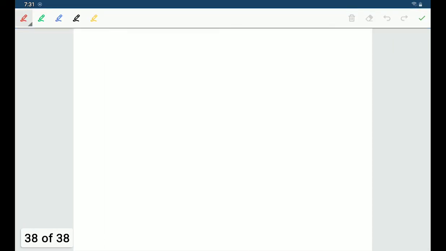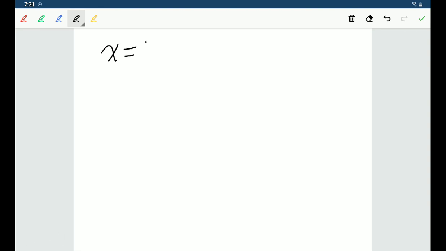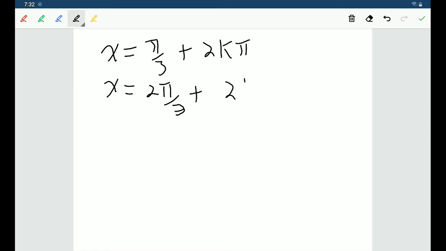And so for my general solutions, I'll say that my general solutions are pi over 3 plus any multiple of a full circle. We have 2 pi over 3 plus any multiple of a full circle. And we have 4 pi over 3 plus any multiple of a full circle.